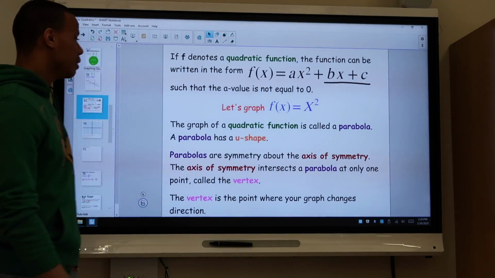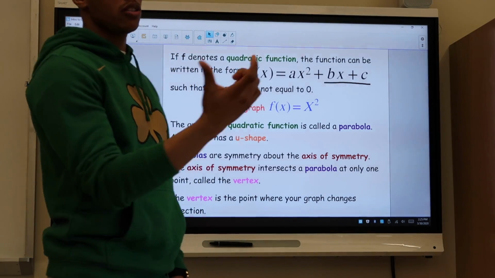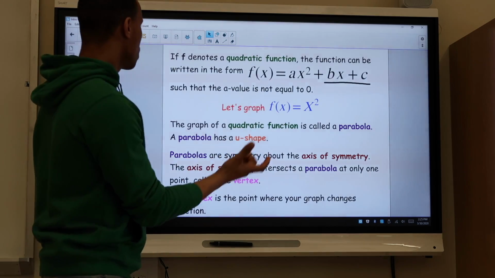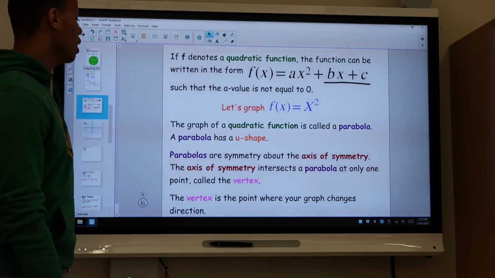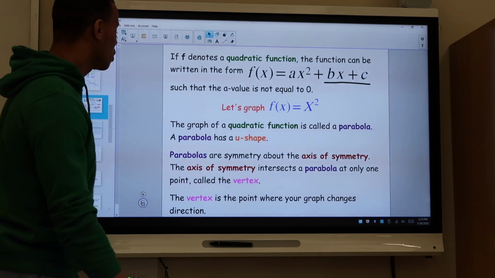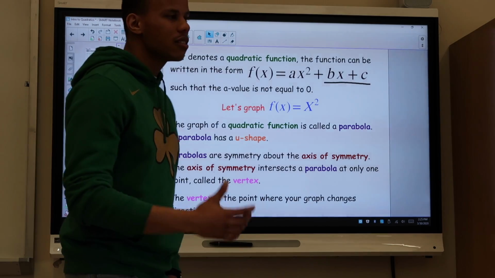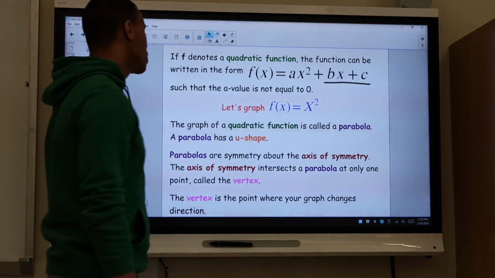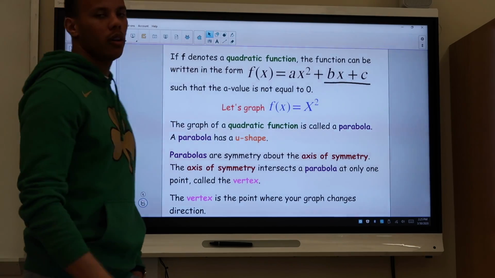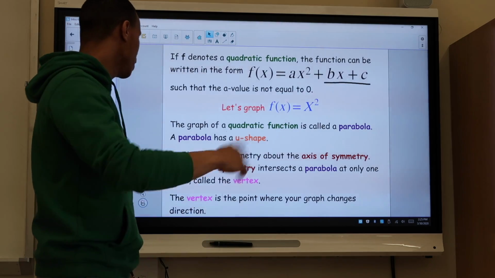And then the graph of a quadratic function, they all look kind of like a U, and that's called a parabola. And then we know that the parabola has symmetry, and that symmetry goes about the axis of symmetry, which intersects the parabola at one point, called the vertex, which you guys saw in your last video.